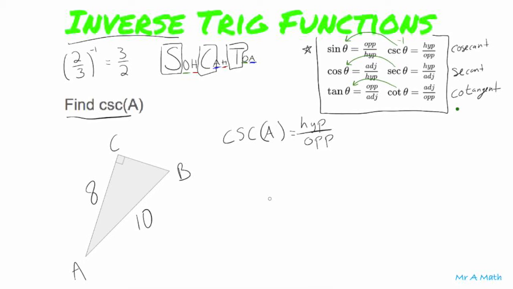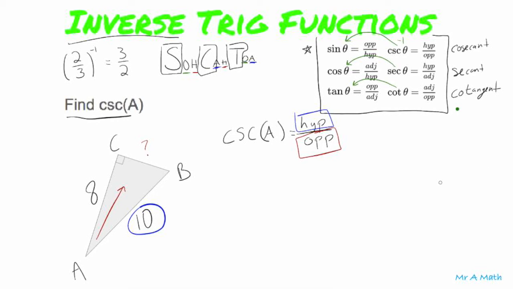We can see that the hypotenuse, in blue, is always the longest side or the side across from the 90-degree angle. And it's going to be 10. And the opposite, let's do the opposite in red, opposite of A is going to be this mystery side right here. So we need to figure out what opposite of A is going to be.